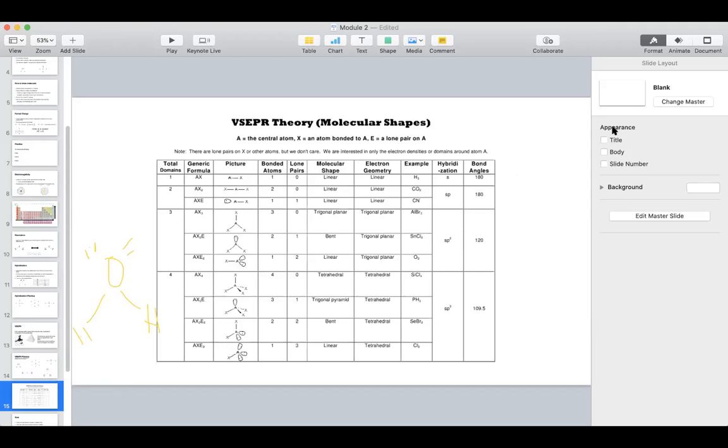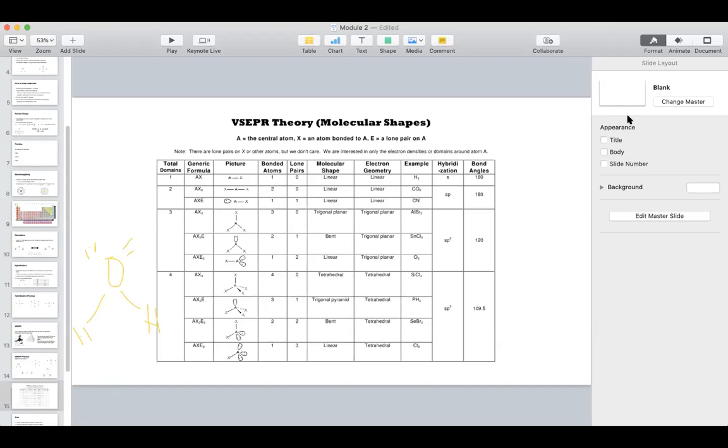Anybody can shout out the answer. What is our magic number? How many electron densities do we have? Three. Four. Close. So remember, each lone pair counts as 1.